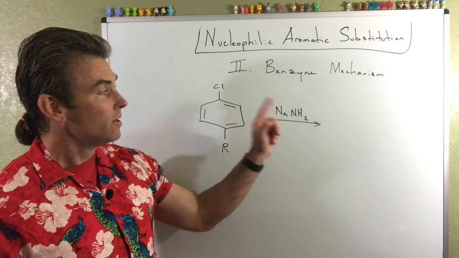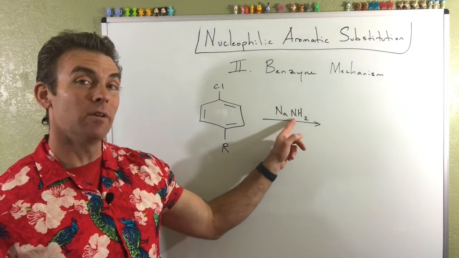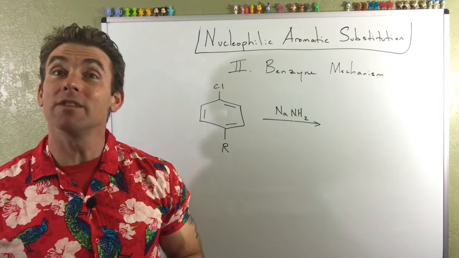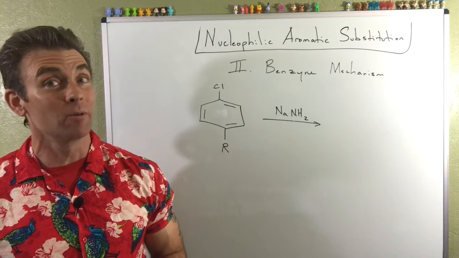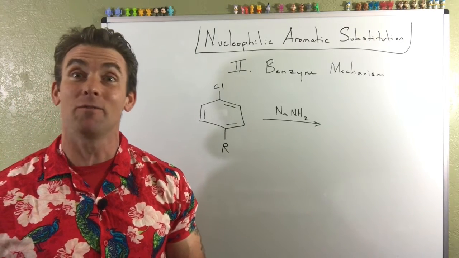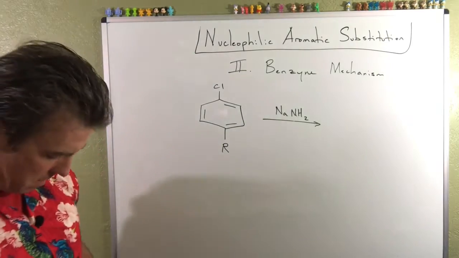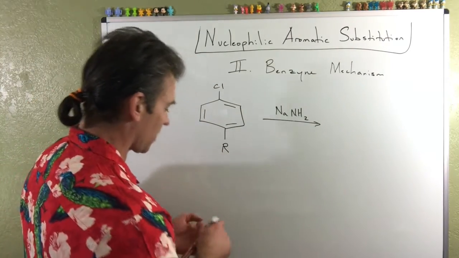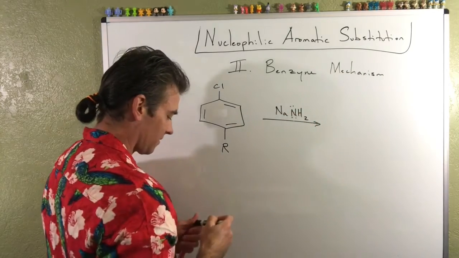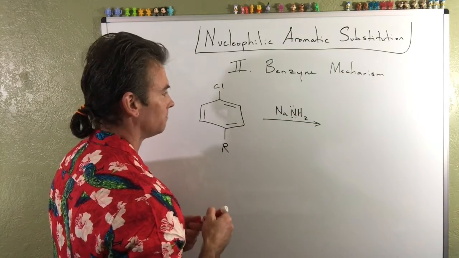So notice that we've got a really strong nucleophile, but one of the things we talked about back in SN2 chemistry is that really strong nucleophiles are often really, really good bases. And of course, that's the case with something like sodium amide. It'll melt your face off. So what we're going to do is take advantage of the acid-base reactivity of this thing.